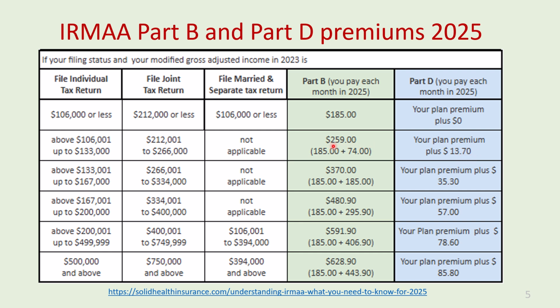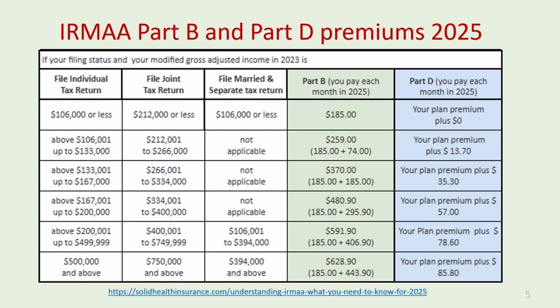So if you add these two together, you're now going to be paying $259 per month. And it goes on and on. As you can see, as you get higher in income, depending if you're filing individual or joint, the IRMAA surcharge is now $185. You add these two together, or surcharge, $295. So you can see very quickly this could go up.